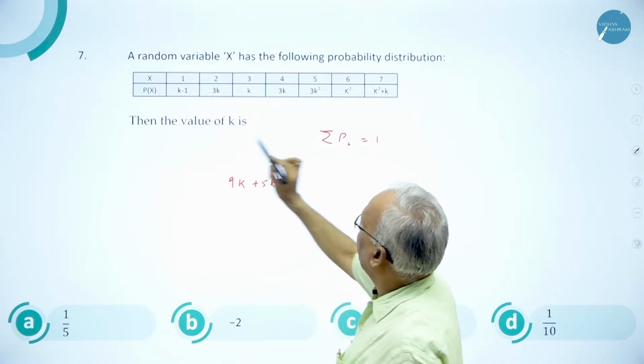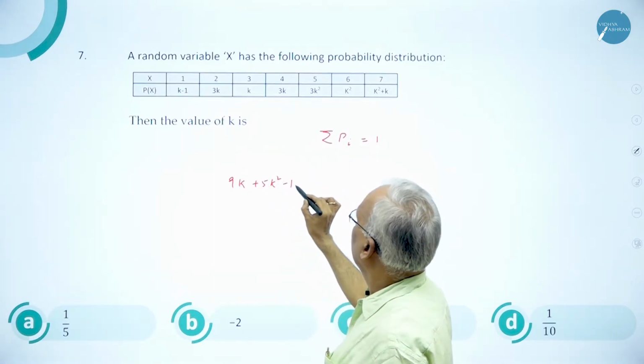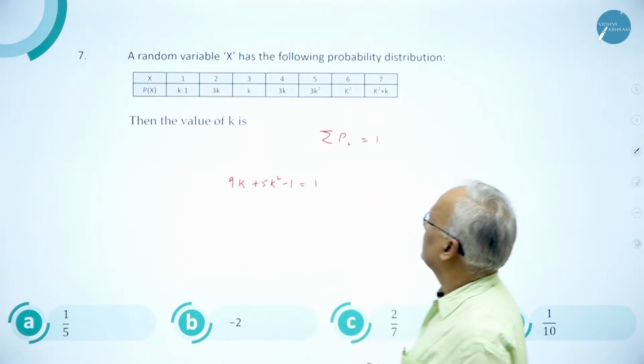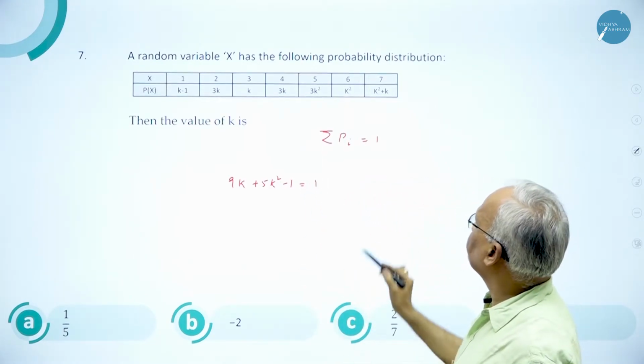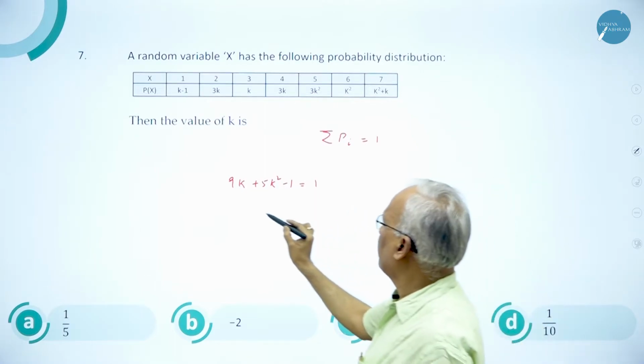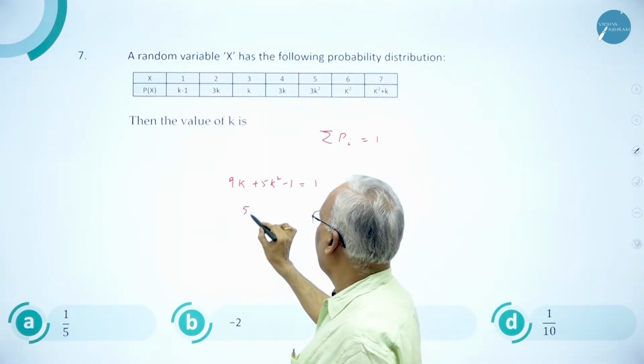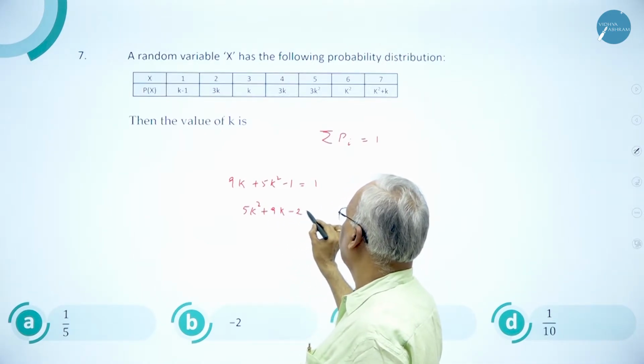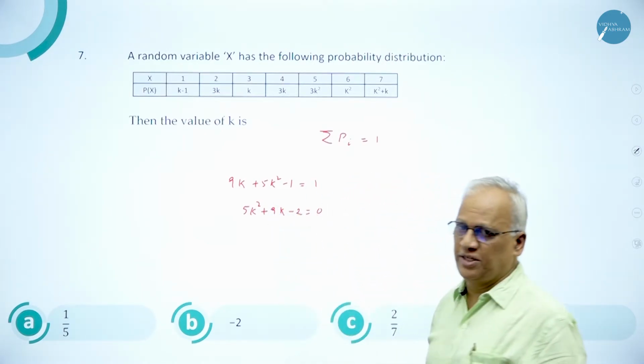And then minus 1 is equal to 1. Sum of all the probabilities is equal to 1. Therefore, 5k squared plus 9k minus 2 is equal to 0 when you shift everything to one side.